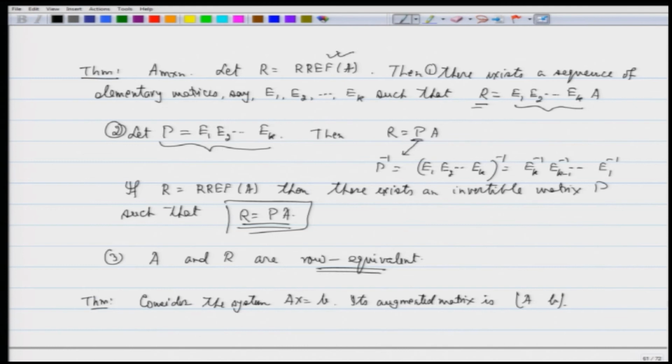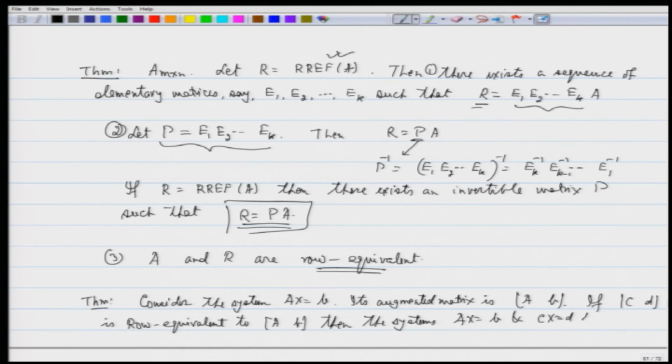If [C|D] is row equivalent to [A|B], then the systems Ax is equal to B and Cx is equal to D have the same solution set.